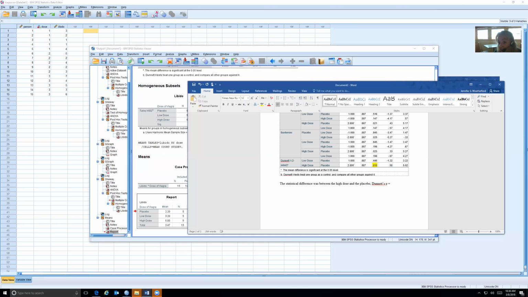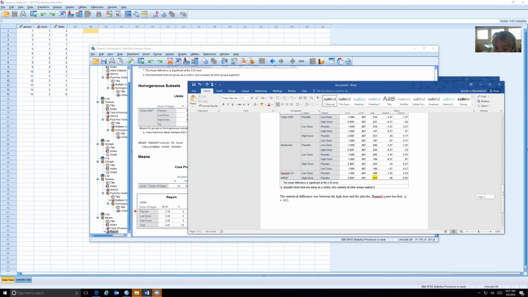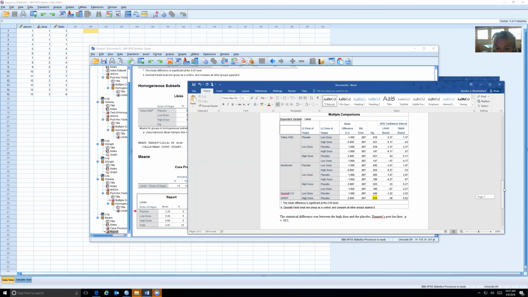You can tell me previously that you used Dunnett's, but basically you just put the P. In this one, this is very unusual, we don't put a statistic, like this isn't an F or a T, and we don't have to put degrees of freedom either. We just put our Dunnett's, maybe I'll put here Dunnett's test, or Dunnett's post hoc test. That would be even better, wouldn't it? So everyone knows. And then that the p-value was 0.015. It's less than 0.05, and so now we can say that's where the difference lies.